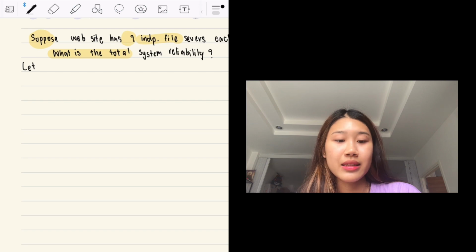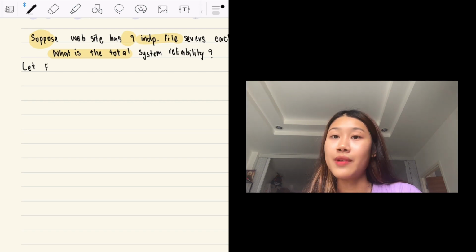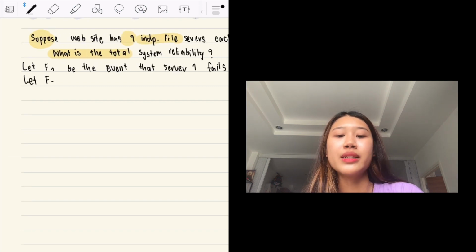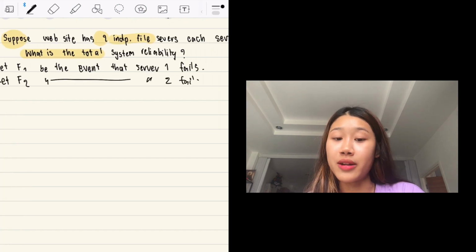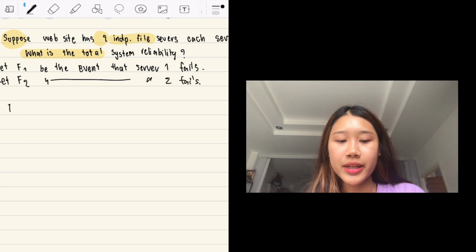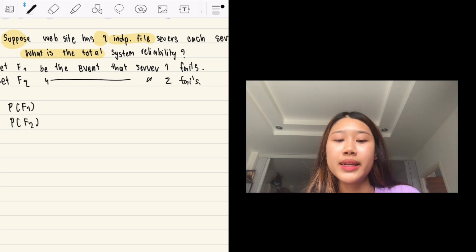So let F1 be the event that server 1 fails, and let F2 be the event that server 2 fails. You will have the probability of F1 equal to 1 minus 0.99, and you will get 0.01.